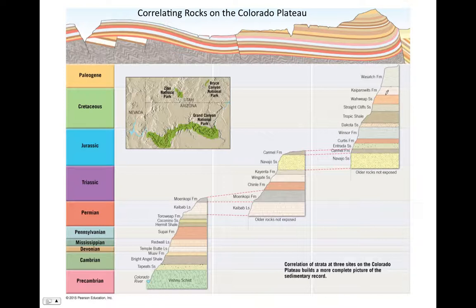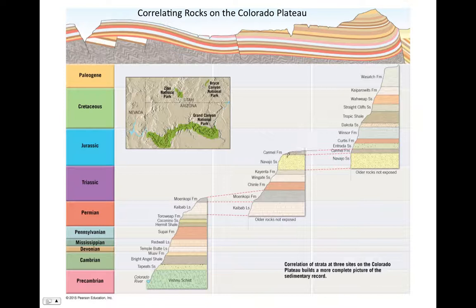So we see these beds of sedimentary rock. This is a geologic cross-section from Bryce Canyon. The oldest exposed sedimentary rocks at Bryce Canyon correlate with the youngest exposed sedimentary rocks at Zion National Park, which tells us these are the same rocks, have the same fossils in them, have the same type of sediment, and so forth.